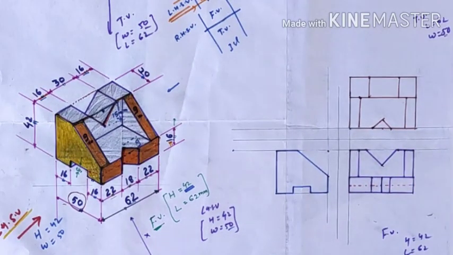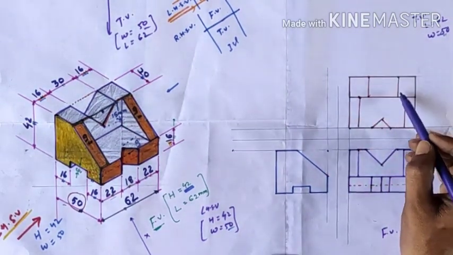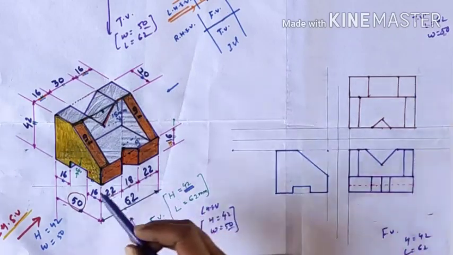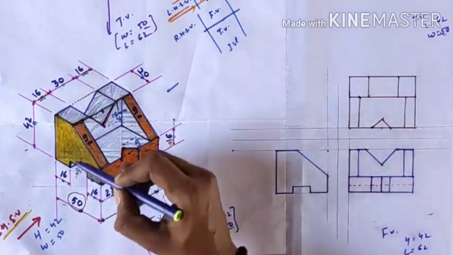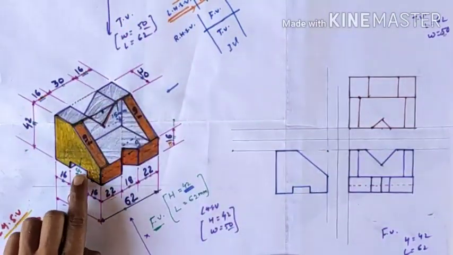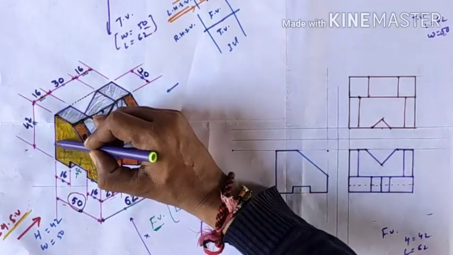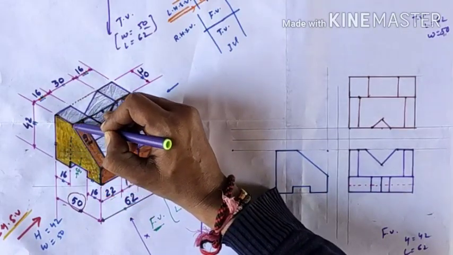Now about the top view. The hidden lines for this top view are these. We see this object, this 16, 16 and this 6 line has not appeared, so the dotted line comes parallel to it, so we draw this line like this.